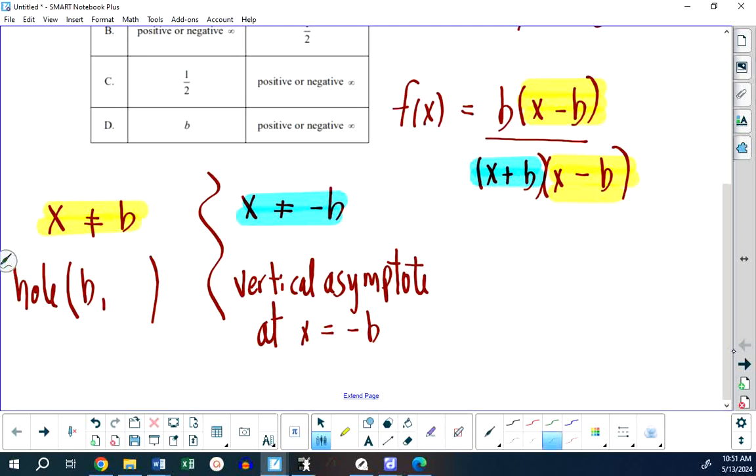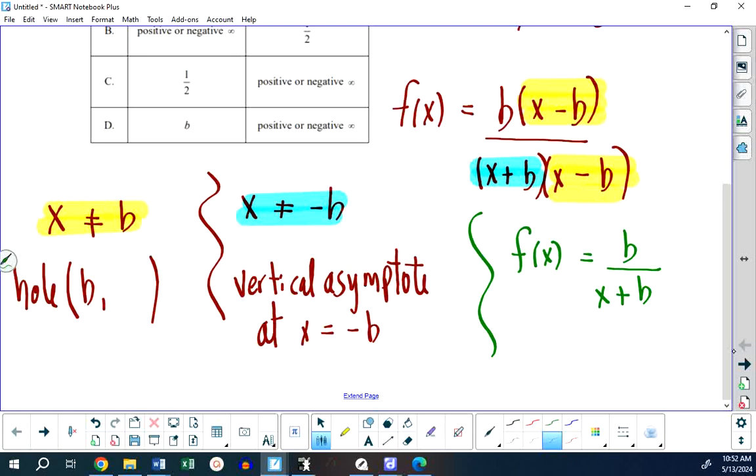To determine the y-coordinate of the hole, we take the function and we reduce it down by canceling those factors. Now, just a second though. That's not the function. I'm getting a little bit off track of this question.